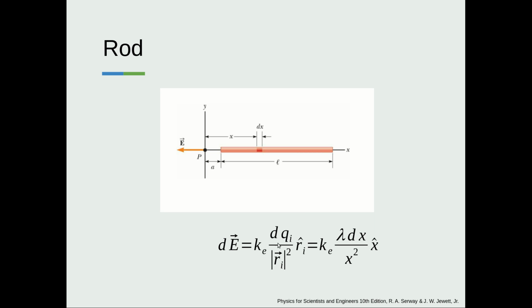One of them, the Q, might be changing at different positions of your distribution. And the other changing parameter is the distance R, the distance between the test charge and the source charge. So this is R. And when we are doing the integration, how do we decide which one we are integrating?